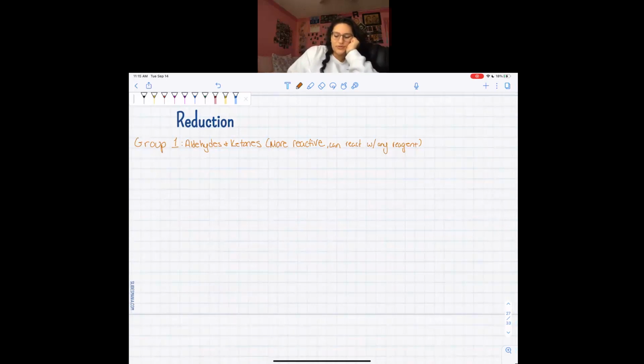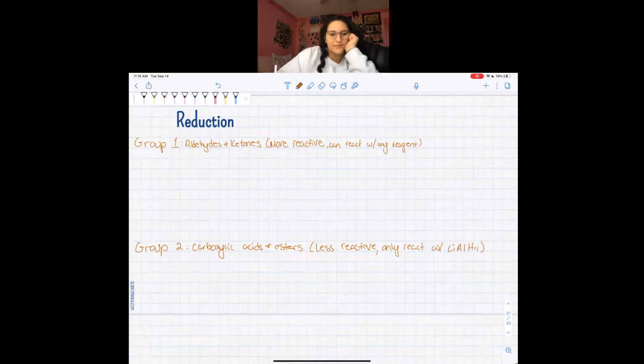Versus group two, which is carboxylic acids plus esters. These guys are less reactive, and only react with LiAlH4, which is the strong reagent.